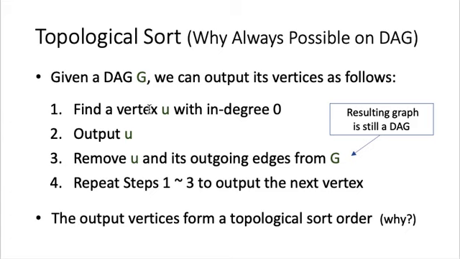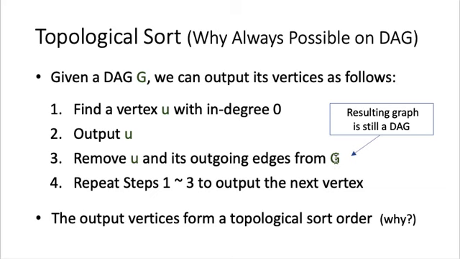Let's find it and call it U. In that case, we will output U. Notice that U does not depend on any vertex to be done before it, because its integer is 0. So we output U so that U should not be affecting any other vertices in the future. We can now remove U and all its outgoing edges from the graph G.